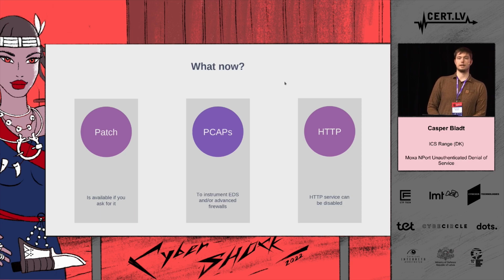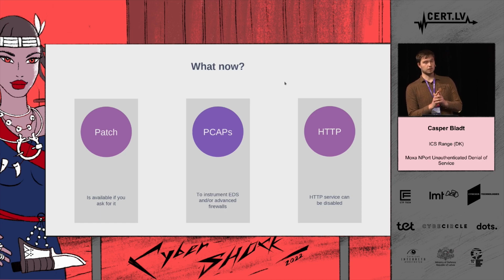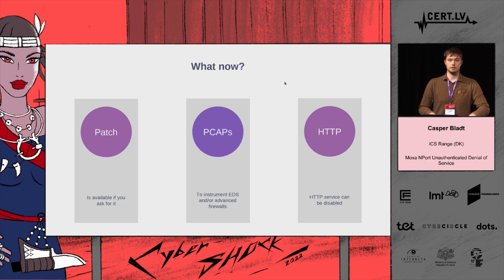What do we do now? Maybe some of you are sitting there thinking, oh God, I have 84,000 Moxa NPorts in my network at home, not at home, at my workplace. What do I do? The thing is that Moxa has made a patch for this, but they have also made it so that you need to have valid guarantee evidence for these Moxa devices, and then you have to go to technical support yourself and ask for this patch.